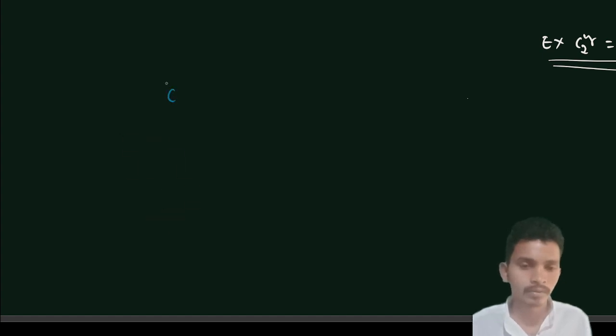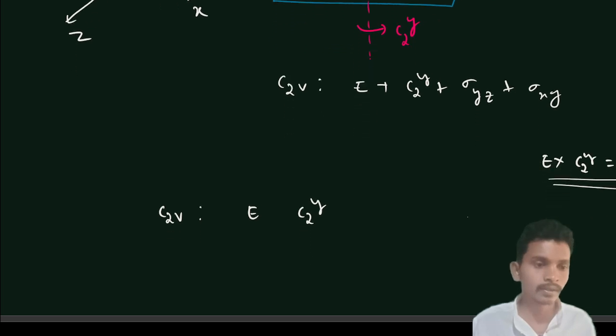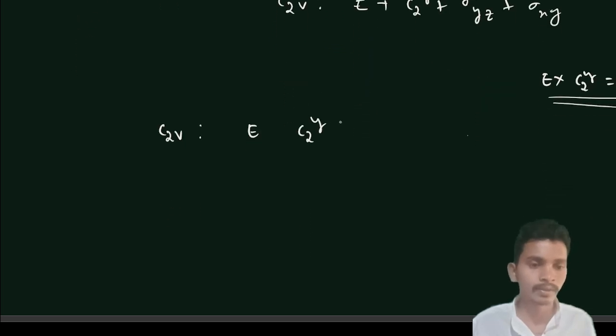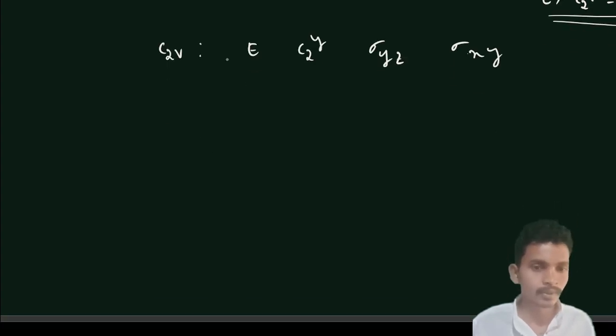So C2, we have E, C2y and CYZ and CXY, and similarly the value here also.